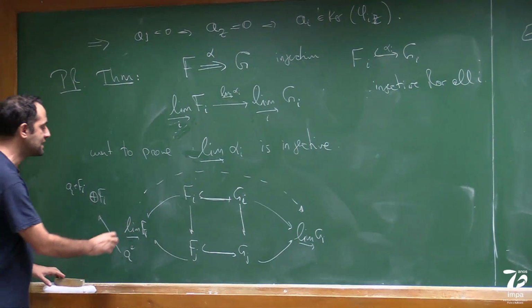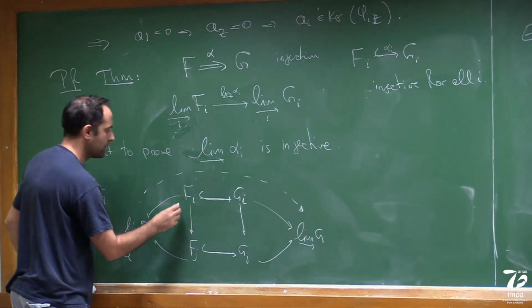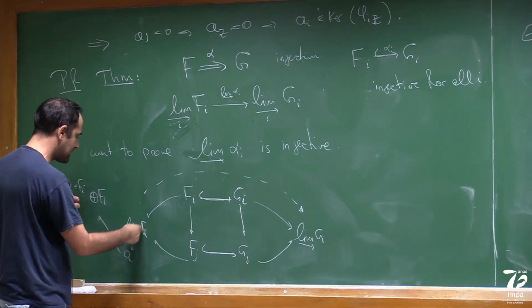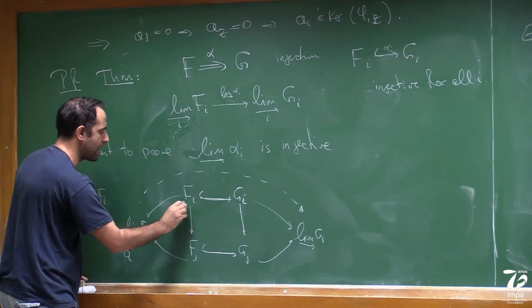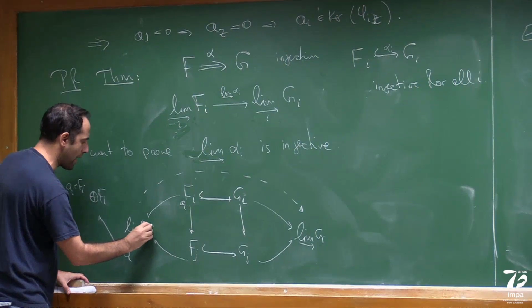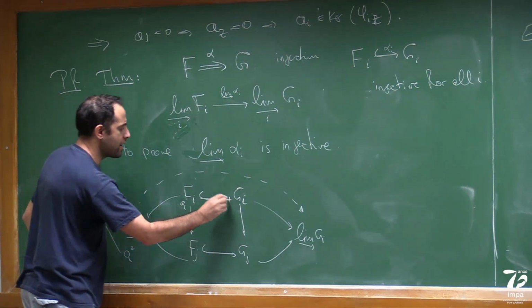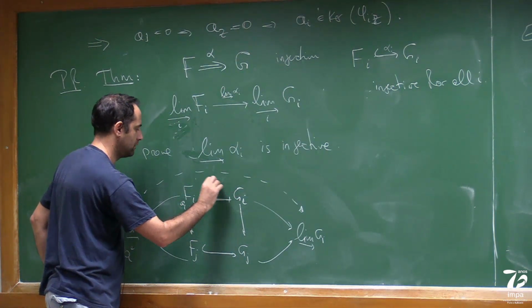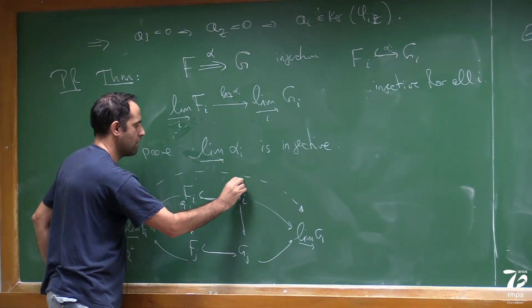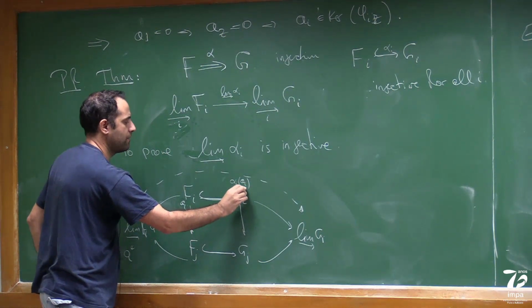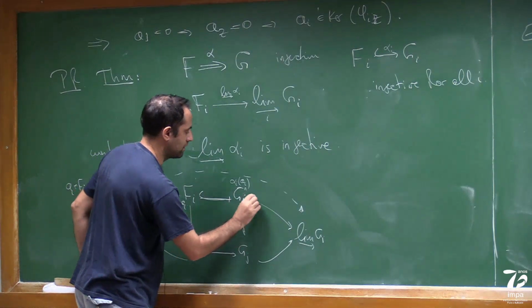So now, how is this map constructed? Well, now I know what it is. This guy is coming from my AI that sits here, and it maps to A here. And this AI goes to alpha I of AI here, and this guy maps to here.